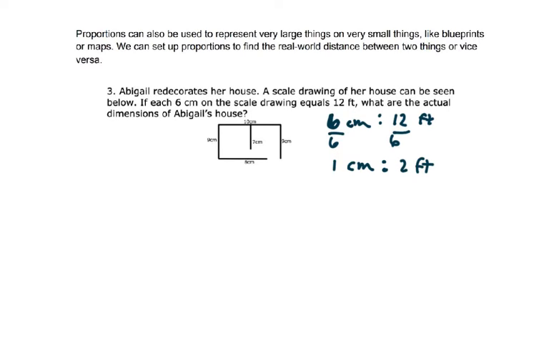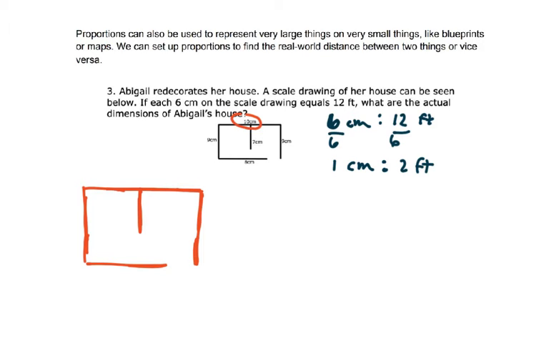And so this one's actually, we could set up a proportion for every one of them. But to me, it makes more sense to say, oh, we double the number of centimeters and change it to feet.